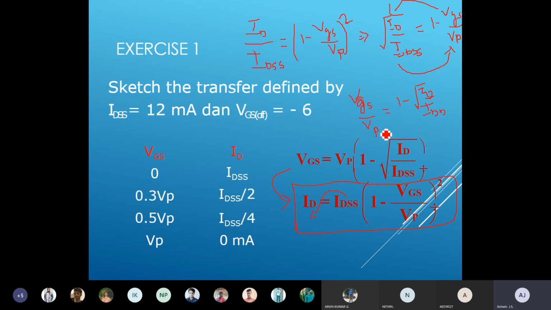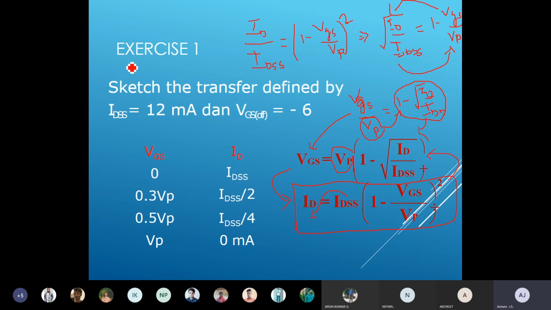And after that, if I move VP to the numerator, it will become VGS equal to VP multiplied by that equation. So I am rewriting this equation as VGS equal to VP into 1 minus root of ID by IDSS. So from this equation only I am deriving this one.